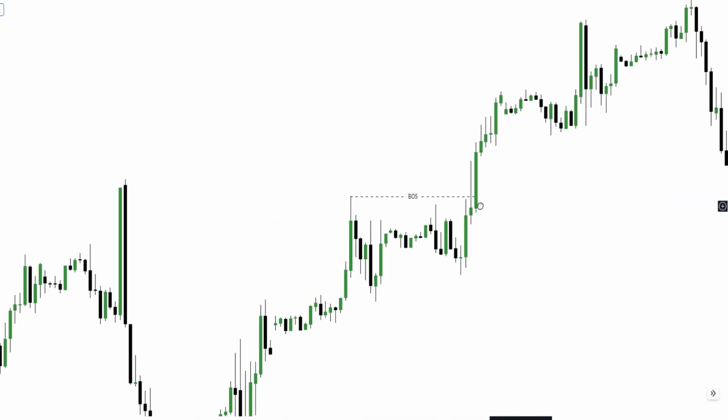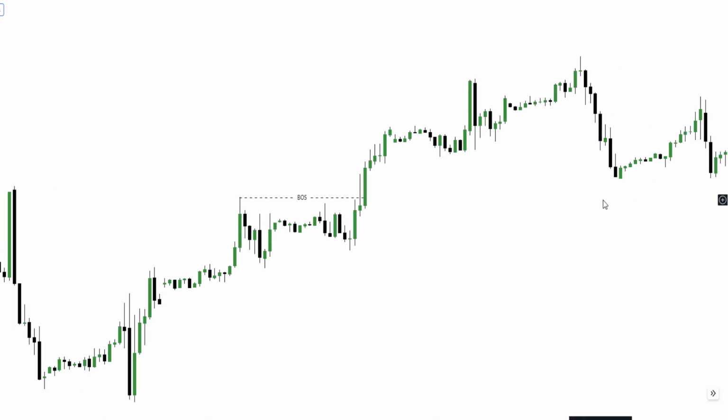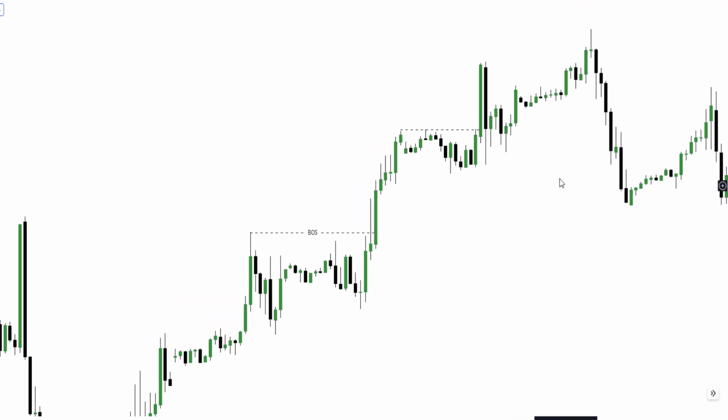So please take note of that, because it is important you get that. Price pushed from here to this level, creating the highest point. The highest point is here, and that is where you will mark as your structure. And if you have price closing above it with the body of the candle, then you can call it a break of structure.